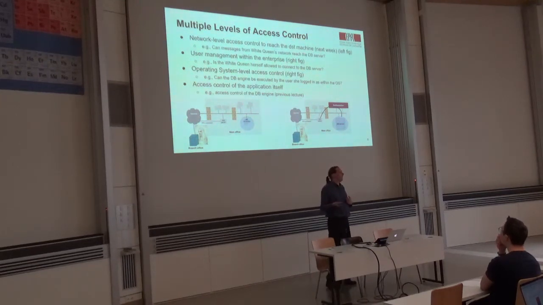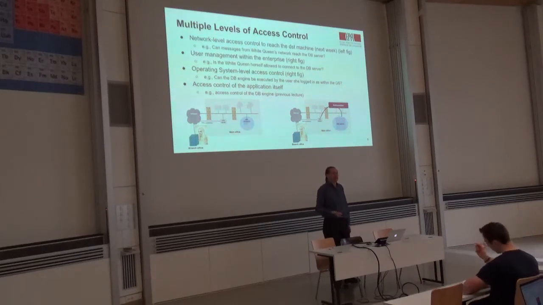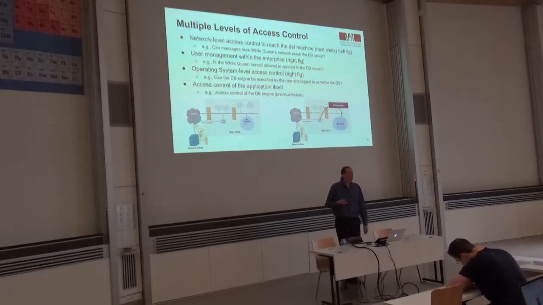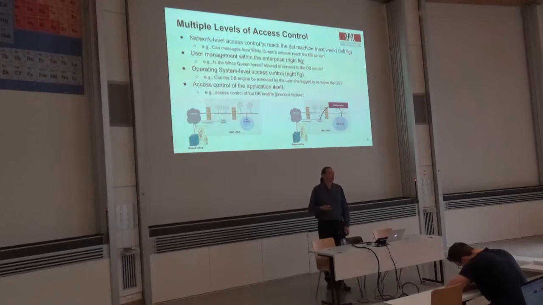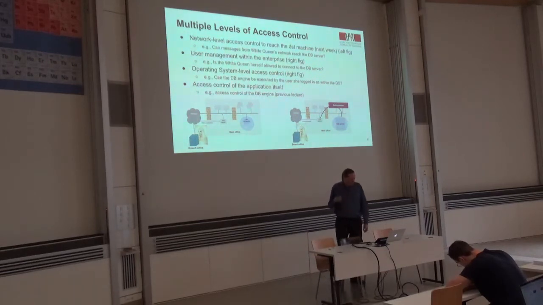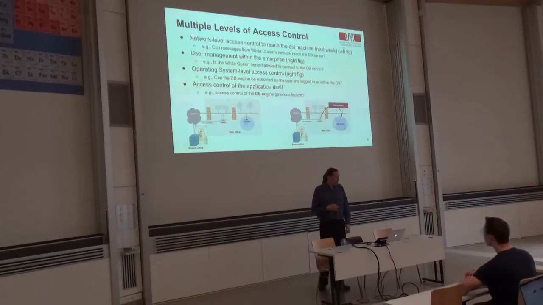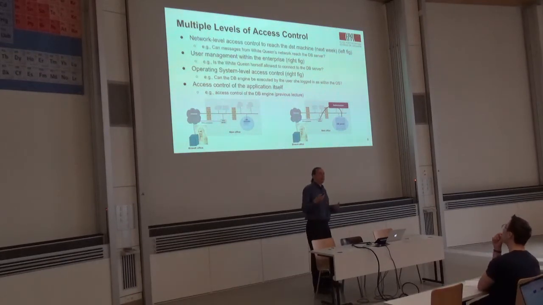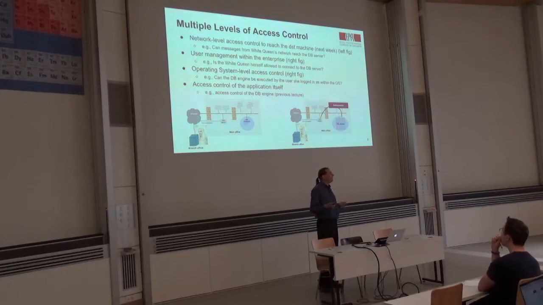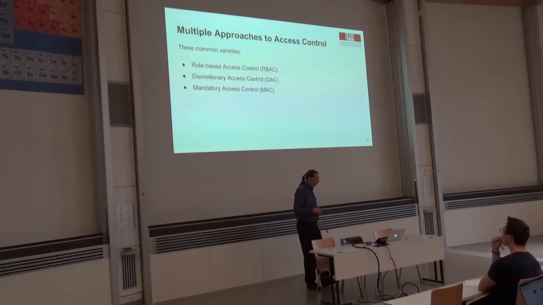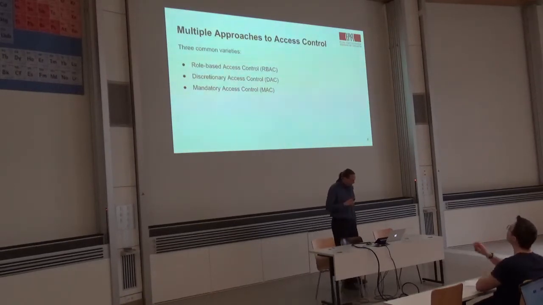Then there's user management, whether a particular user is able to authenticate and log into a particular service, connect to a particular network drive, or log into a particular web-based service or cloud service. Then there's operating system access control, the usernames and passwords in Unix systems. And then application level access control, which might be implemented by the database engine or at the HTTP level, or different things like that. So again, just keep all those in mind.